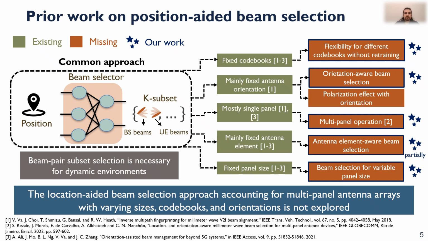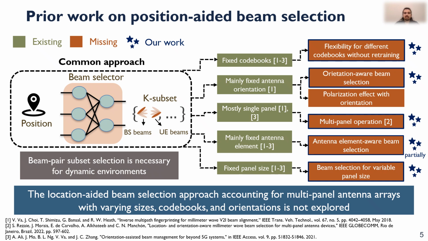The common approach in the prior work has limitations, such as fixed codebooks. The model is specifically trained for a fixed antenna orientation, and the models assume mostly a single panel, fixed antenna elements, and fixed panel size. In reality, UE devices come from different vendors and have different antenna geometry, and even the position of the antenna is different.